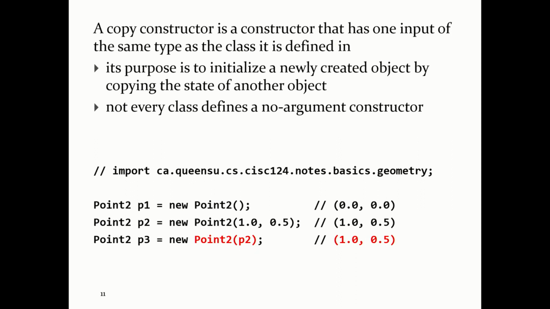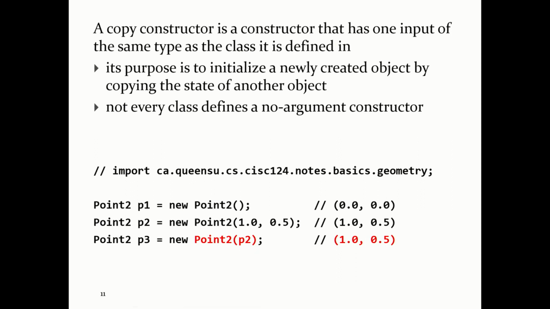A copy constructor is a constructor that copies another object of the same type as the class that it's defined in. The copy constructor for Point2 takes an argument that is also a Point2 object.